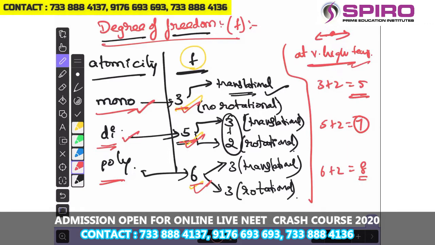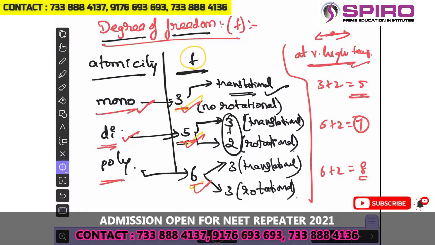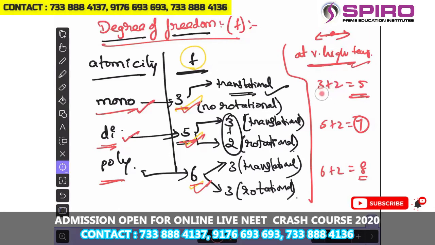Exceptional degrees at very high temperature, just like the temperature of the stars, are 2 degrees, one is the potential energy, the other is the kinetic energy, right? These 2 degrees will be added to the degrees, and that's how you will get for monoatomic gas 3 plus 2 is 5, for diatomic gas 5 plus 2 is 7, and for polyatomic gas 6 plus 2 is 8 degrees to be taken into consideration.